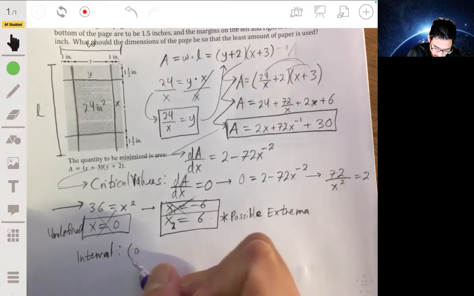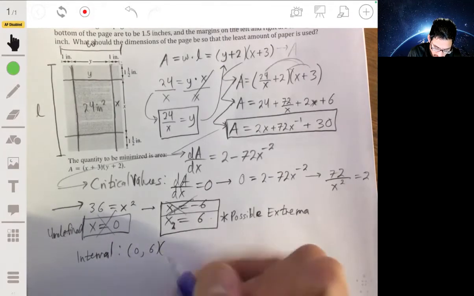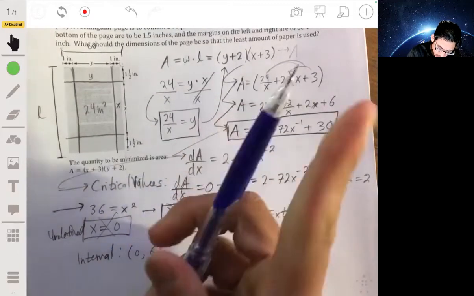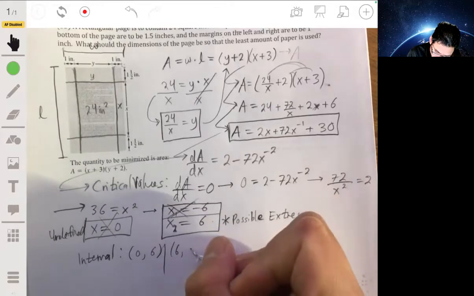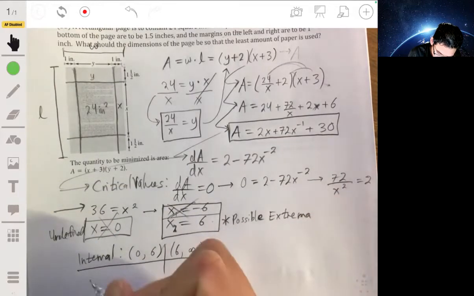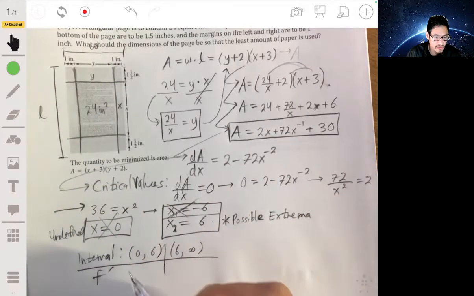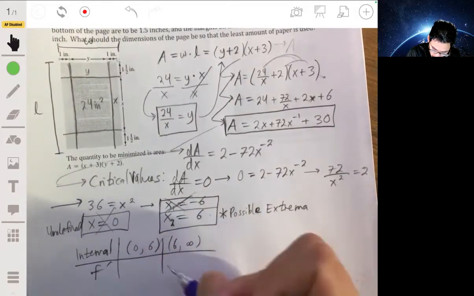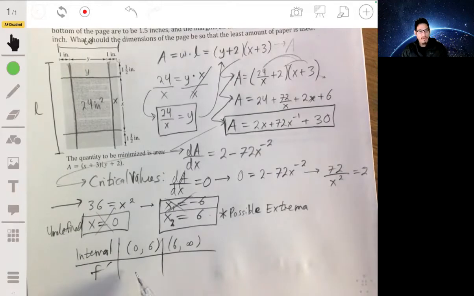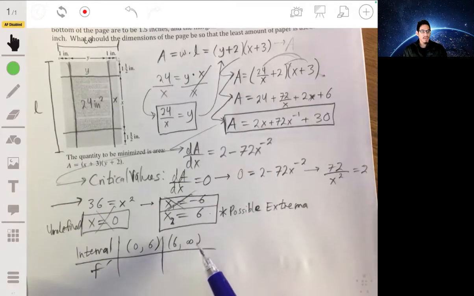Basically just check the intervals from 0 to 6, and then from 6 and up, and see what's going on with the first derivative there.